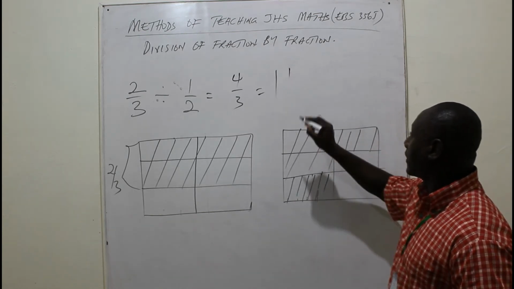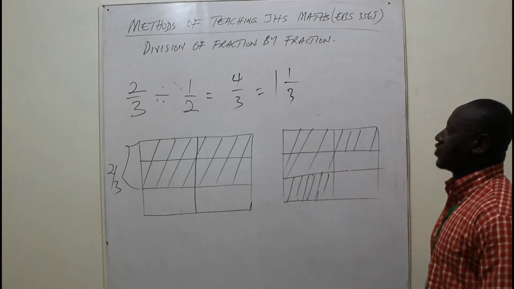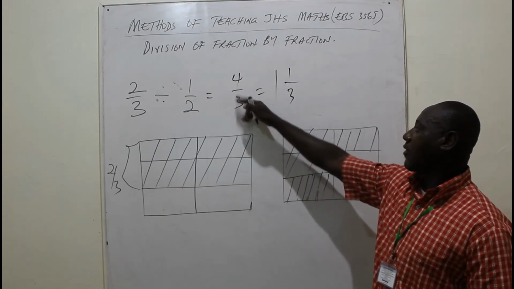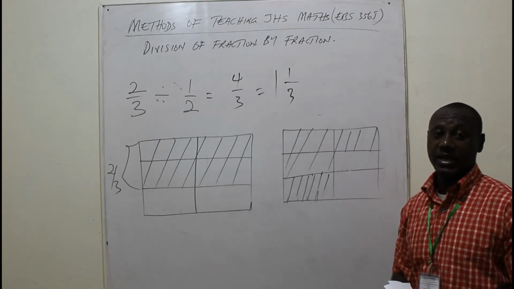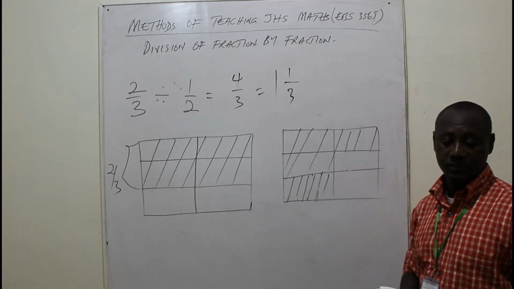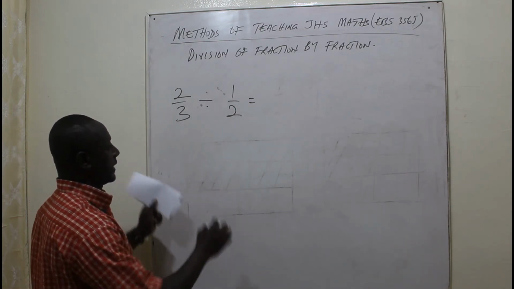So that is the 1. Then out of how many divisions? 3 divisions. And so we can also convert this fraction 4/3 into a mixed fraction as one whole number 1/3.